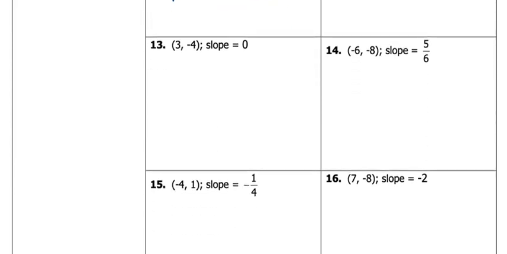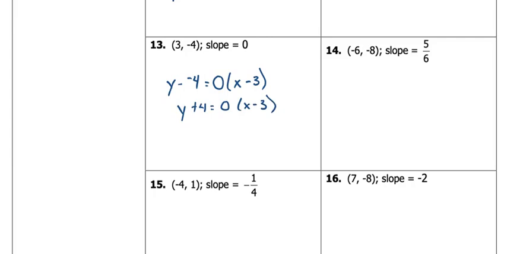Number 13, same steps. y minus negative 4 equals 0 times x minus 3. So this one's a little different because I have the 0 out here, and I know that I don't need to multiply anything by 0. But for today, we're going to leave it that way. We're going to say this is y plus 4. I want to keep my slope up. So I'm going to say 0, and then x minus 3.